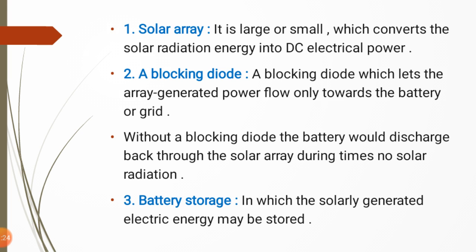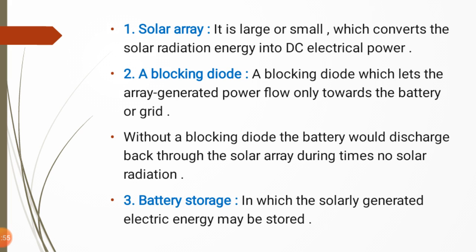The second component is a blocking diode. It is called a blocking diode because it protects our grid or solar array. It protects the battery from discharging, so it is known as the blocking diode. A blocking diode lets the array generated power flow only towards the battery or grid.